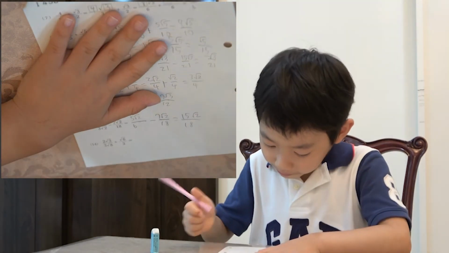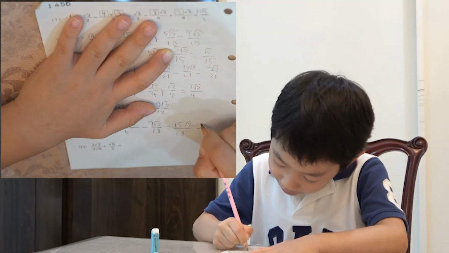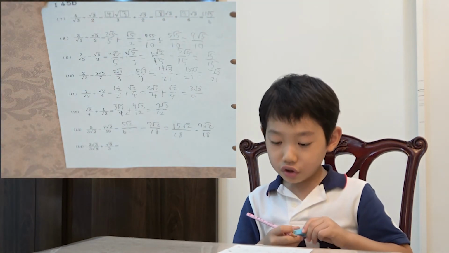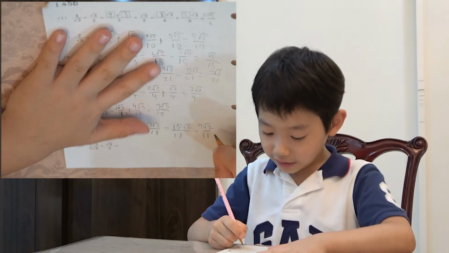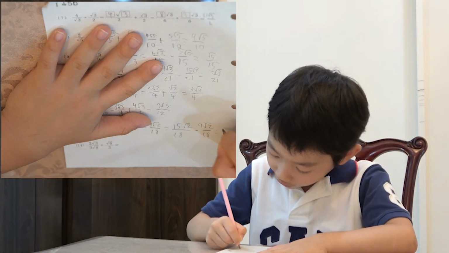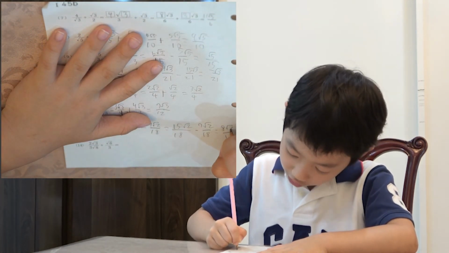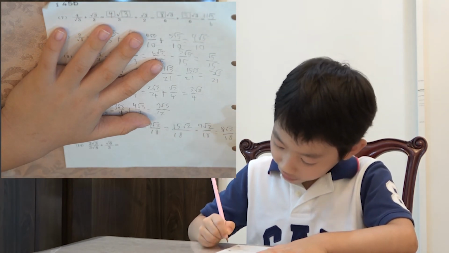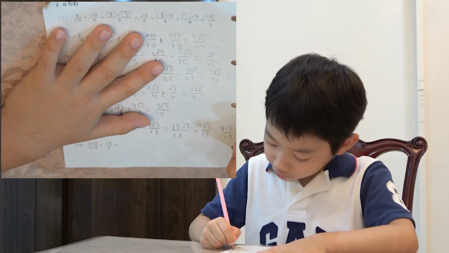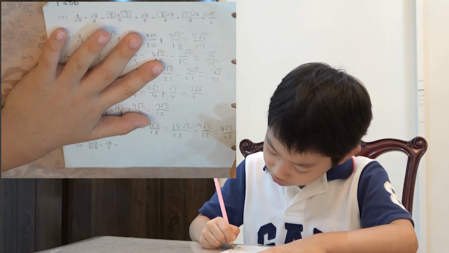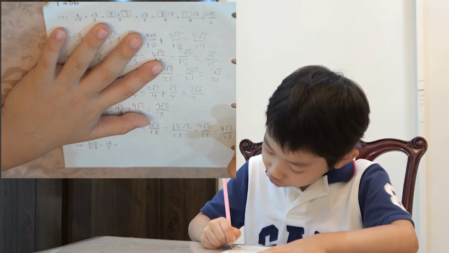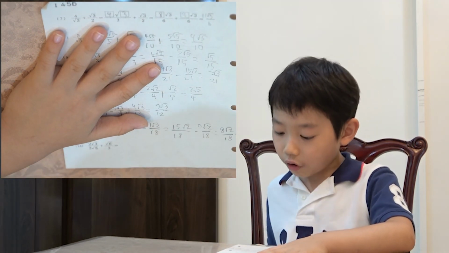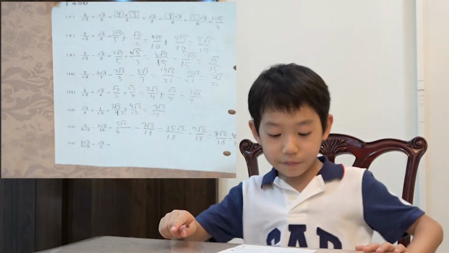Then that minus 7 square root of 2 over 18. That will become 8 square root of 2 over 18, and then it will be 4 square root of 2 over 9, and that'll be the answer.